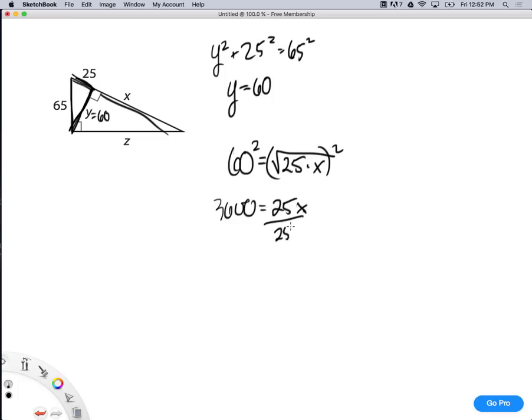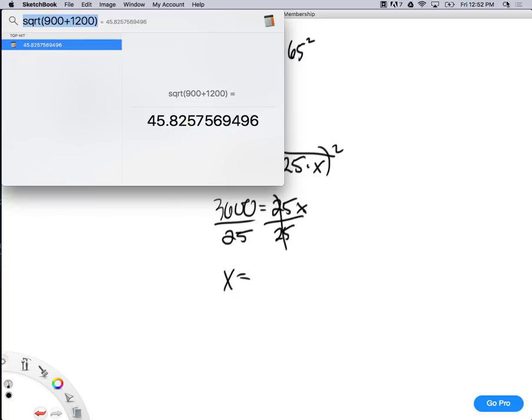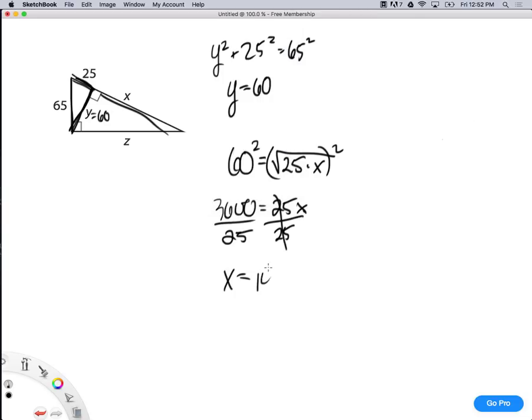Divide both sides by 25. And I get x equals 3600 over 25, which is 144. Now that I've got x, that's 144, I can get z using the Pythagorean Theorem. So you've got this side and that side, so that's just the hypotenuse. Does that make sense? Yes.